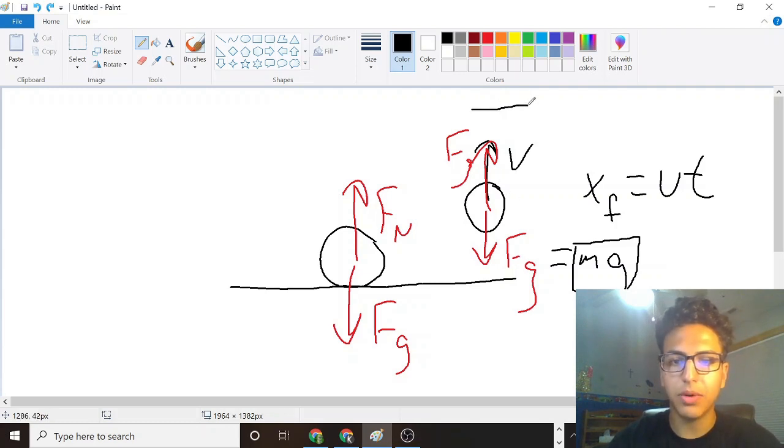So when it gets to any point, okay, what's its energy? It's mgh, times the distance off the ground. Well, that's interesting.